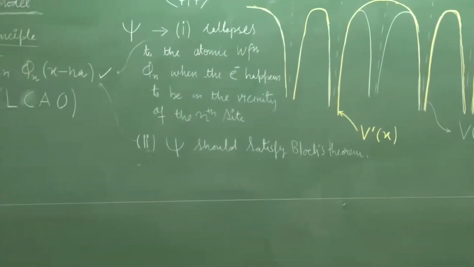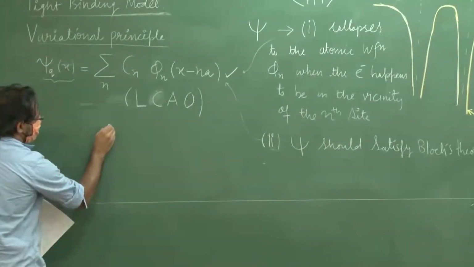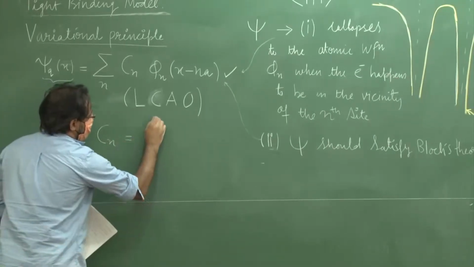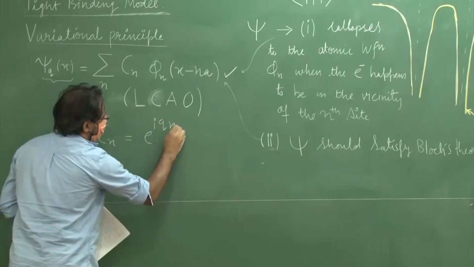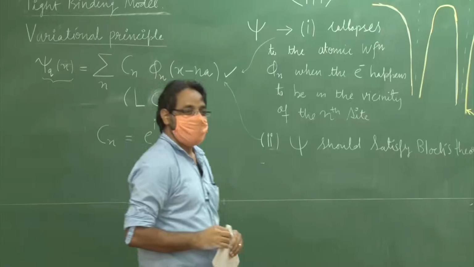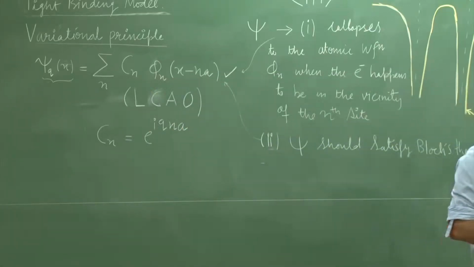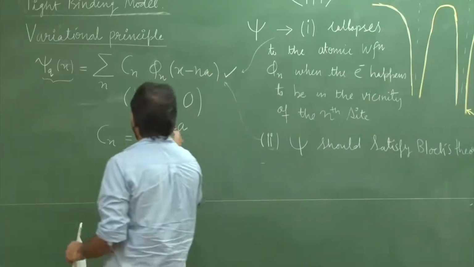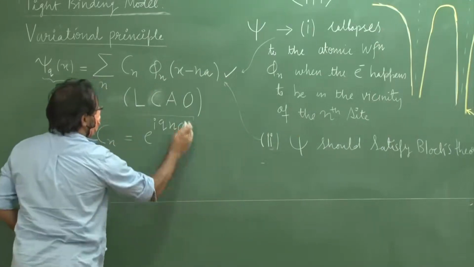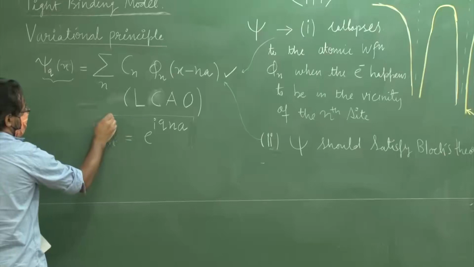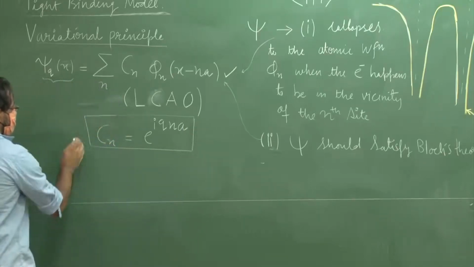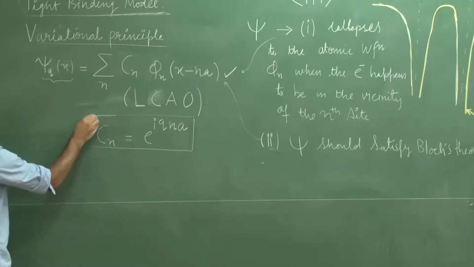My assertion is that if you choose your Cn to be e to the power i q Na, then everything will be fine for you. Then even the second condition will be fulfilled. It will become a Bloch wave function. Otherwise not. So I choose Cn to be this.